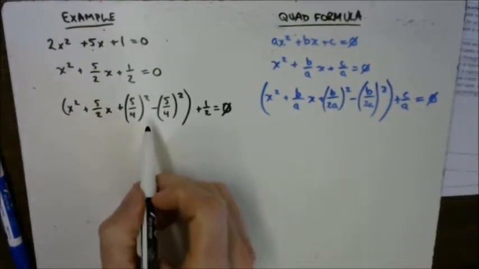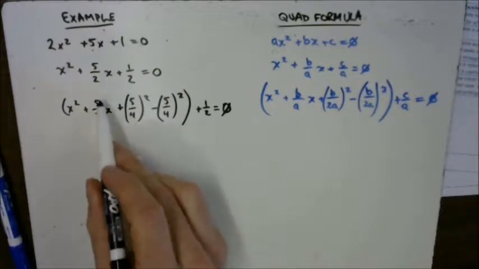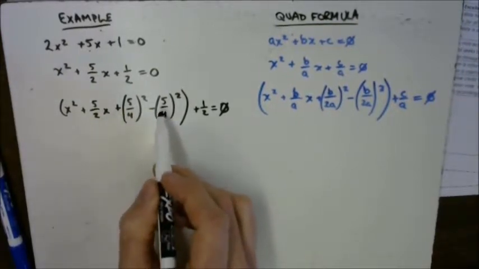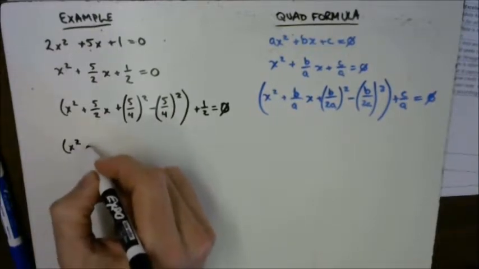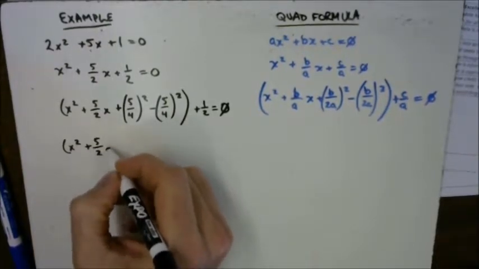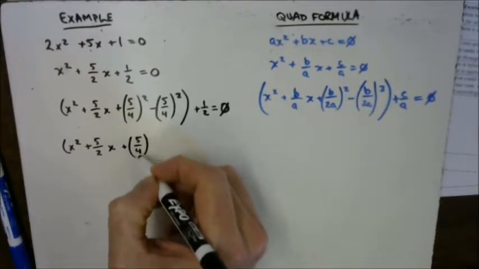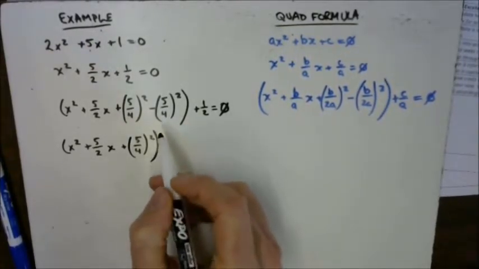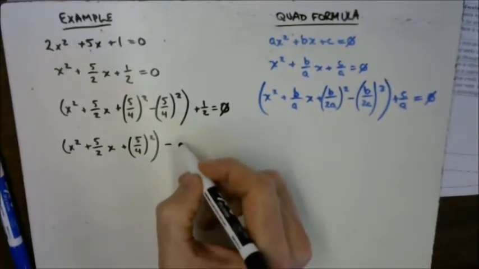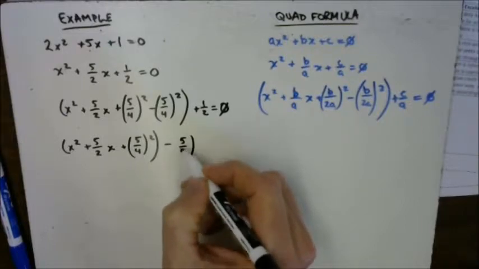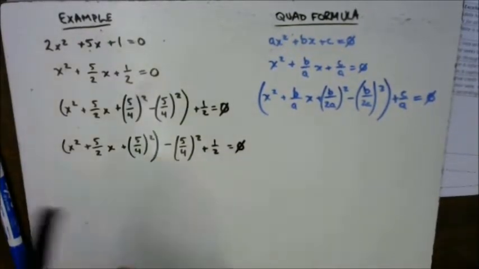So now on our left side in our example, we have a perfect square trinomial right here, but first we need to move this outside of the brackets. So we're going to leave our perfect square trinomial here. There it is. And we're going to move this to the outside of the bracket. So now we have minus 5 over 4 squared plus 1 over 2 equals 0.